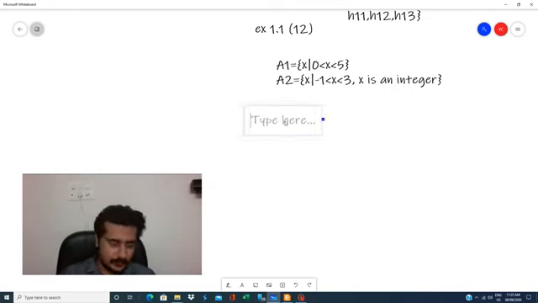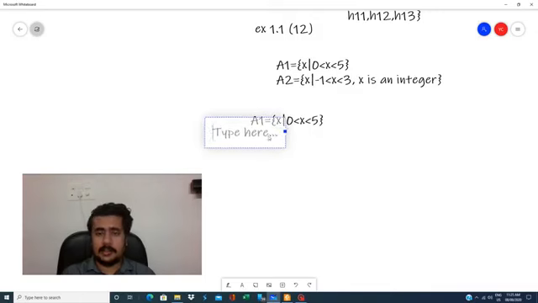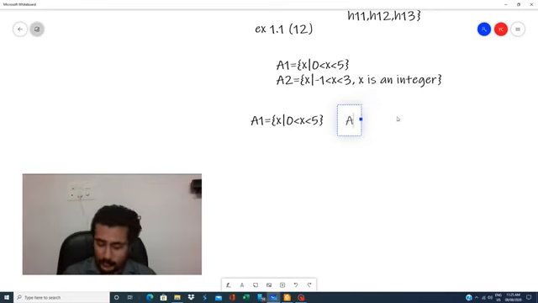But for A2, x is between minus 1 and 3 and x is an integer. So you will take A2 as 0, 1 and 2, because x is an integer. You will not take non-integers. So we will write this like this.